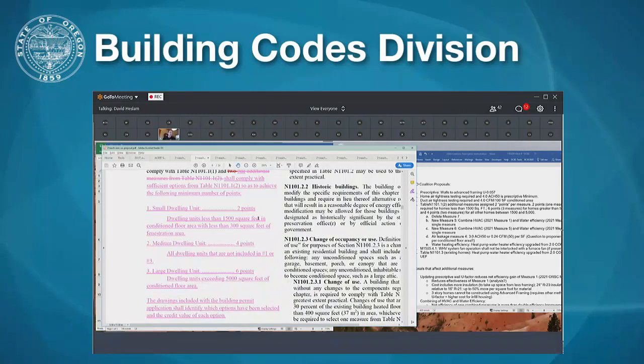And then we also thought just going forward, as we look at multiple cycles down the road of code development, if you started to use points, instead of everything in the options table having to be exactly equivalent to each other, you could start having some things in the options table that are worth half of something else.